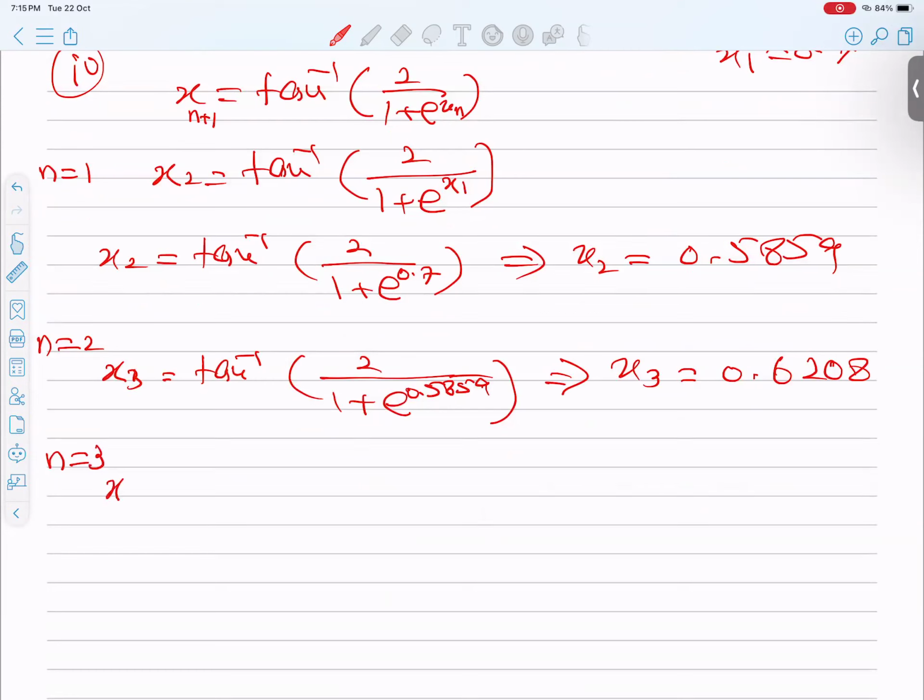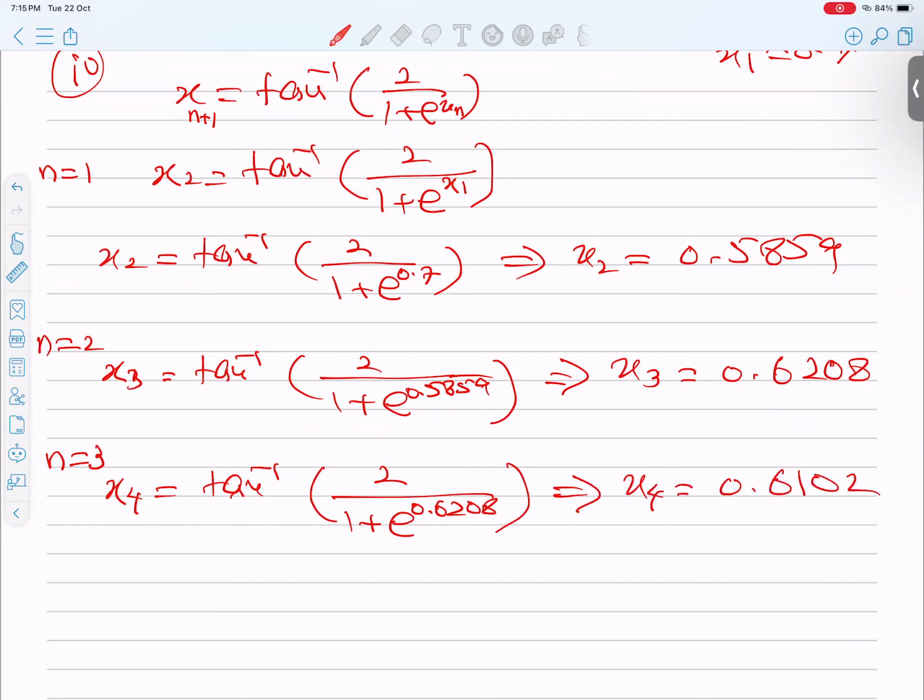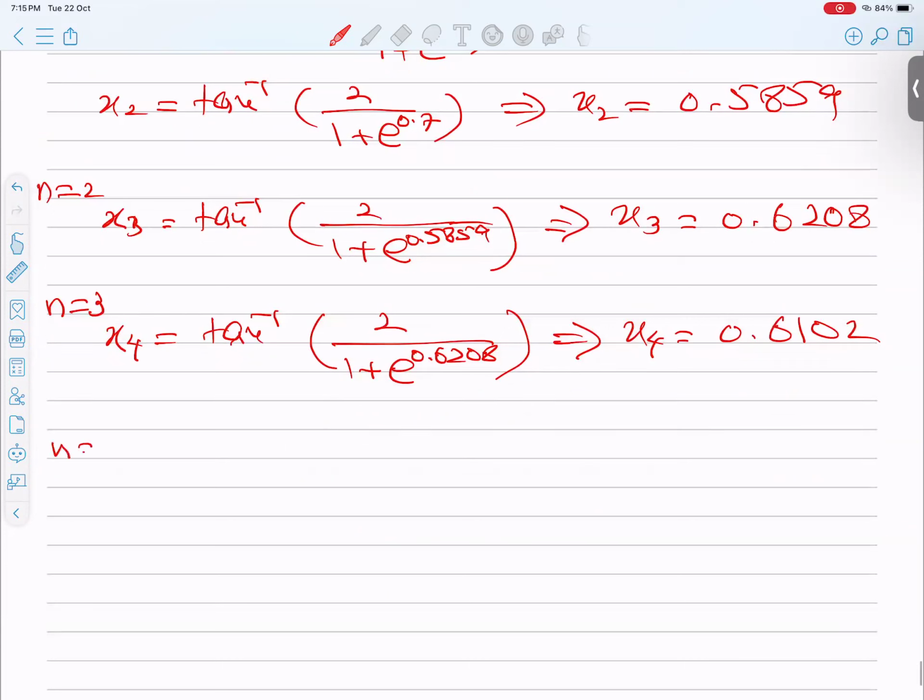I plug in 3, I get x4, tan inverse. Now I am putting this number directly in the place of this power, so e to power 0.6208. And so x4, I'm getting 0.6102. So it is not matching at the second dp, which means I will go for n equals 4.